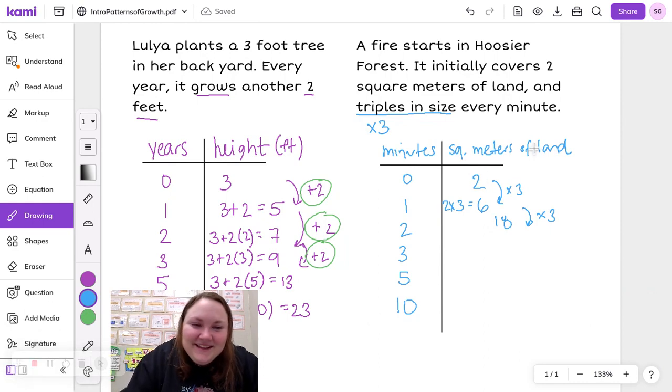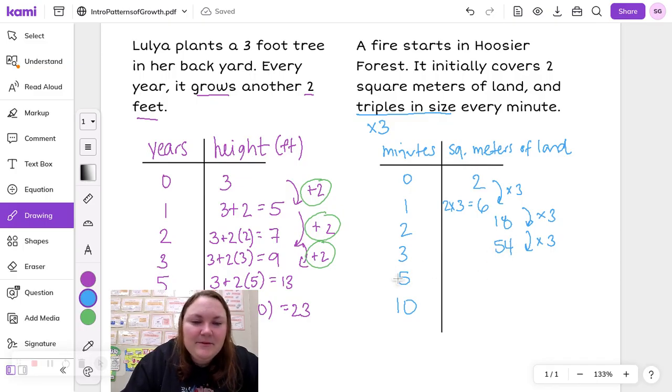So just like before, we can continue to use that pattern to help us get some of these numbers. It's tripling in size every single minute. So after 3 minutes, it just means I am tripling that 18 square meters, which would be 54. Or we can do what we were doing over here and come up with an expression to help us find these answers.